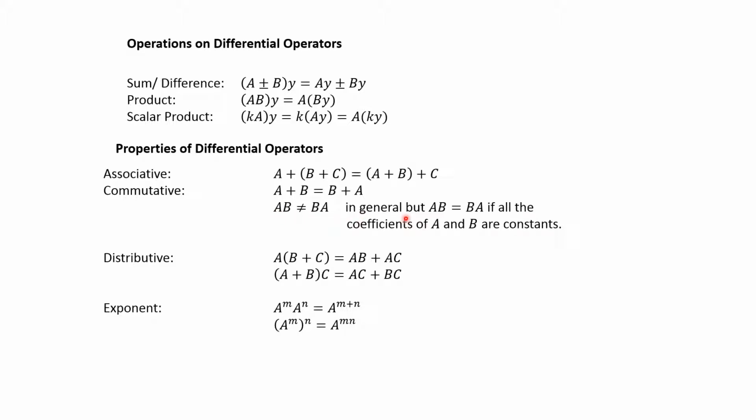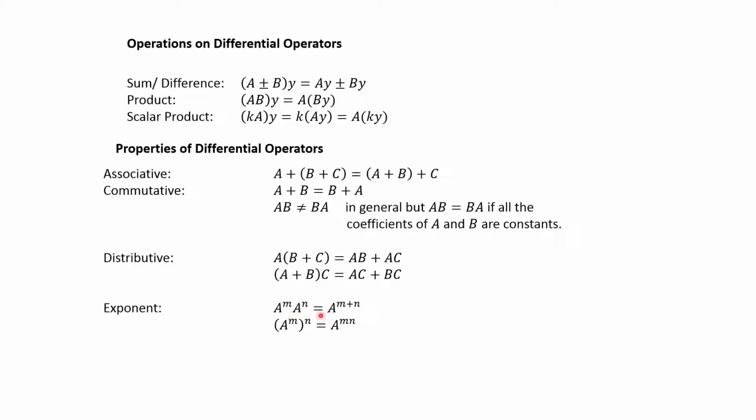In general, AB and BA are the same if all the coefficients of A and B are constants. Now for the distributive property, you can distribute A(B plus C) as AB plus AC, and (A plus B)C as AC plus BC.